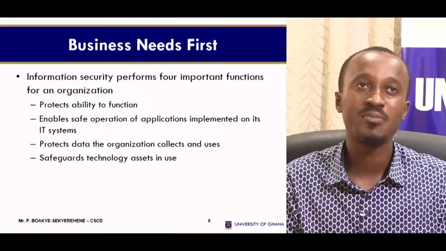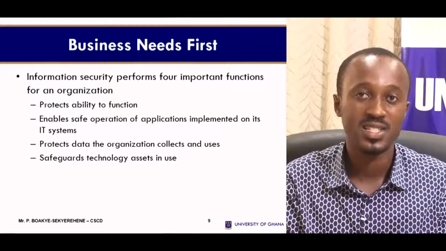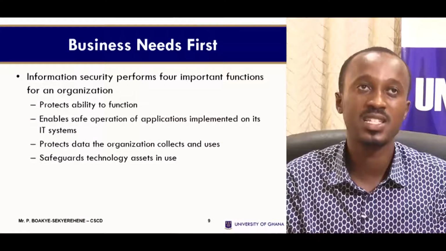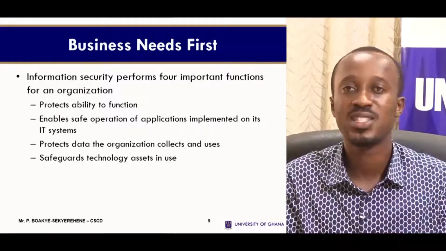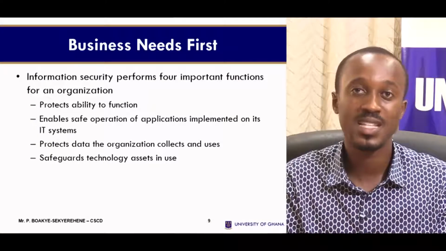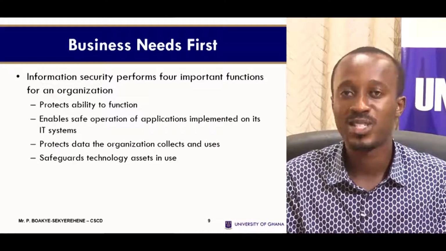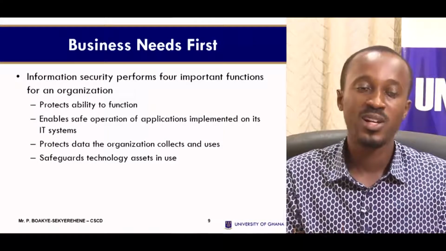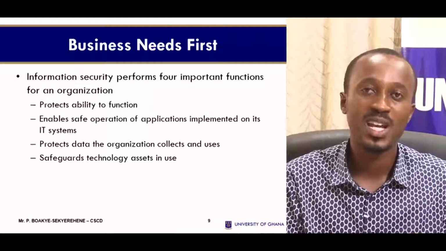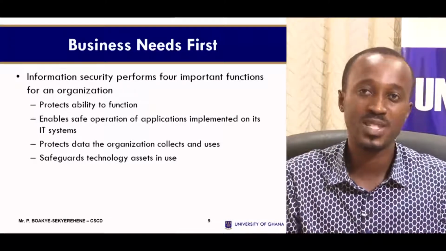Information security protects how a business functions. If a business is functioning and it is rest assured that the information that they are using for their business is secure, the business is more reliable, it is trusted. So having secure information allows the function of a business to happen.